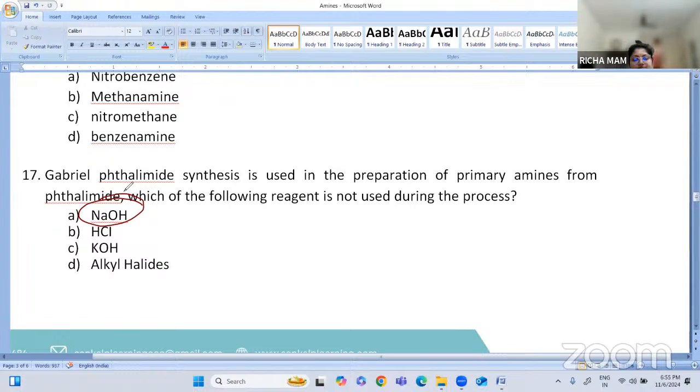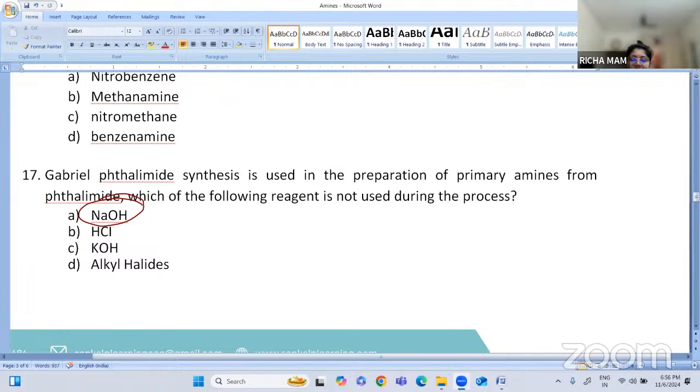Gabriel phthalimide synthesis. Which is the starting product we are using? Yes, students, already we have discussed this.